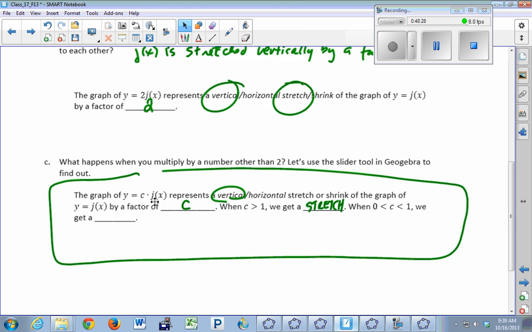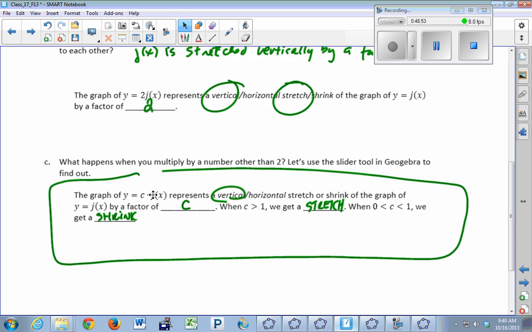And when c is between 0 and 1, when it's a fraction, we get a shrink. Okay. So again, your vertical stuff is acting just like you think. The big number makes it go up faster. The smaller number widens it out, right?